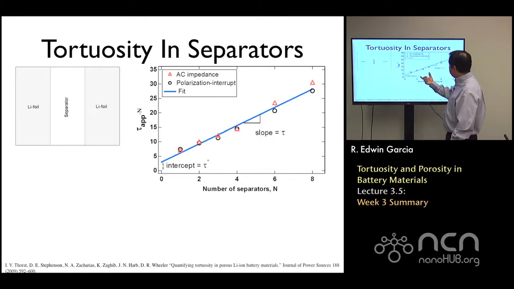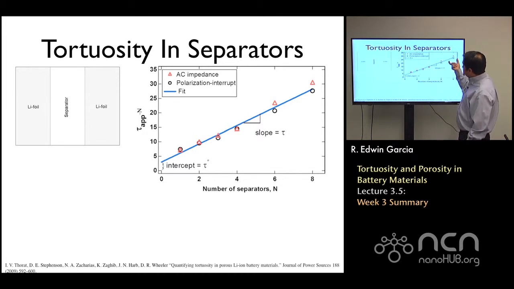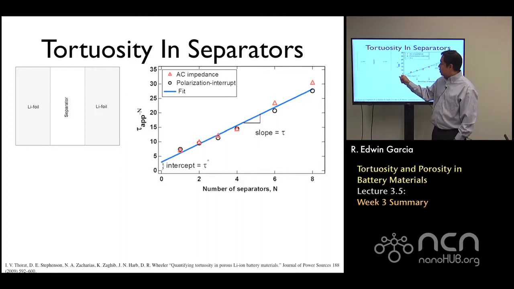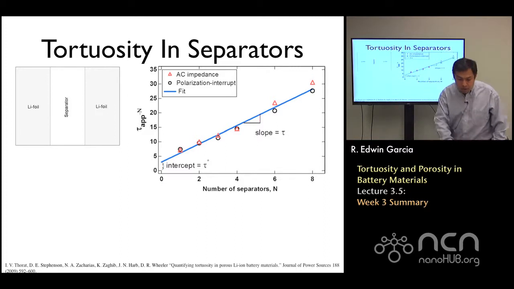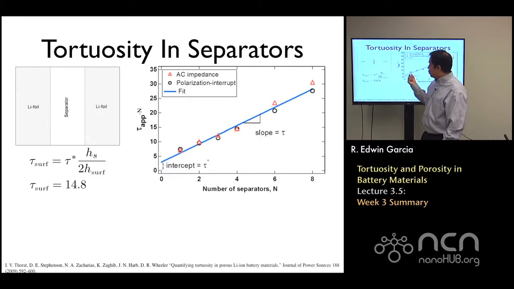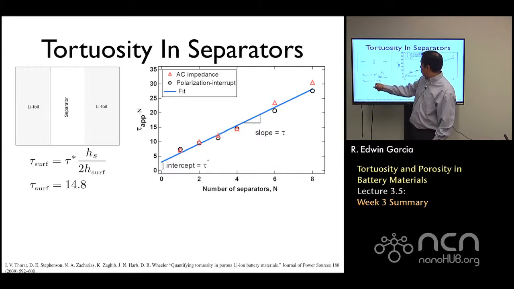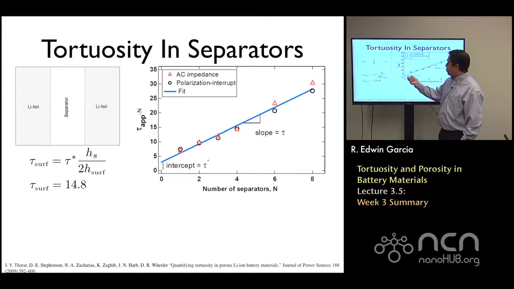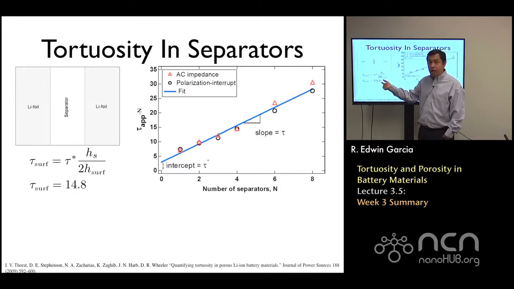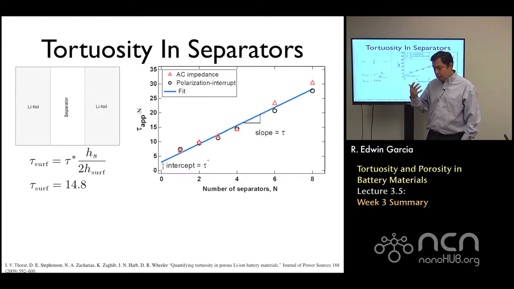When Thorat and Wheeler measured the tortuosity as a function of total thickness of separators, they found that the overall tortuosity was non-zero in the limit of zero separator thickness, but instead they found that in a very, very small distance you can have a tortuosity value of 4.8, which, if you take the thickness average of each of those contributions, can come down to basically 2.5, but still it is a very large value and can rapidly limit the high power density performance of the cell.